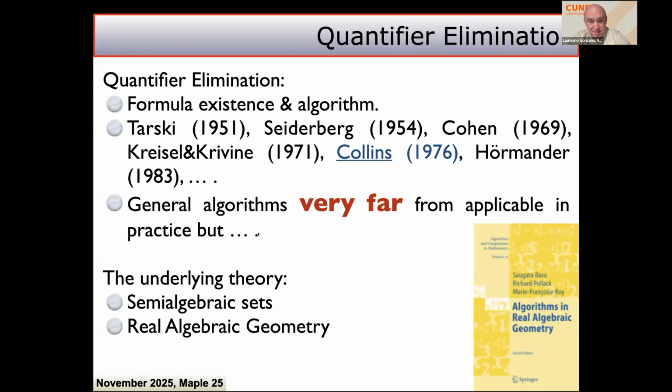There are algorithms producing, for any formula involving quantifiers, the equivalent formula without quantifiers involving only, in our case, the coefficients of the two conics, but these algorithms are very far from applicable in practice. But for very concrete problems like the one we are considering, we are able to deal with this, and this is what I want to show today.